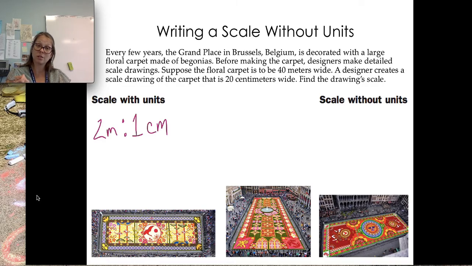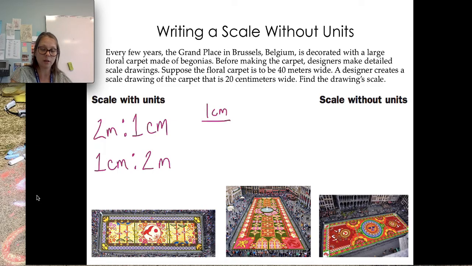Because centimeters is the smaller value, that's the one we're going to go with, and I'm going to flip this around to have the centimeters written first and the meters second, because generally when we write scales, especially scales without units, we have the smaller measurement written first, and after the colon is the larger measurement.